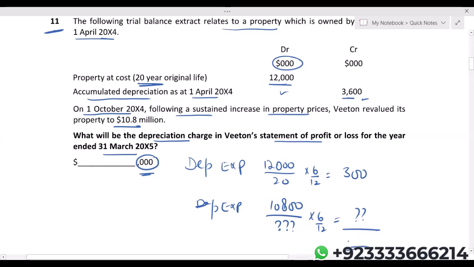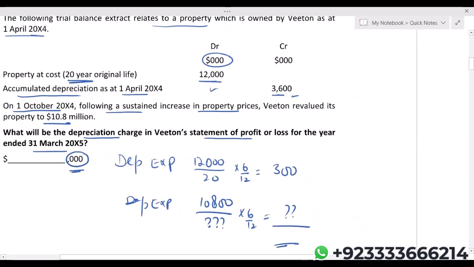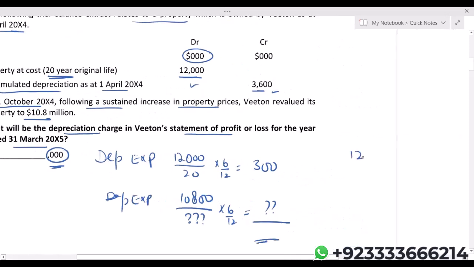How to calculate the remaining useful life? It's very simple. 12,000 original cost divided by 20 gives a depreciation of 600. So 600 is the depreciation per year.